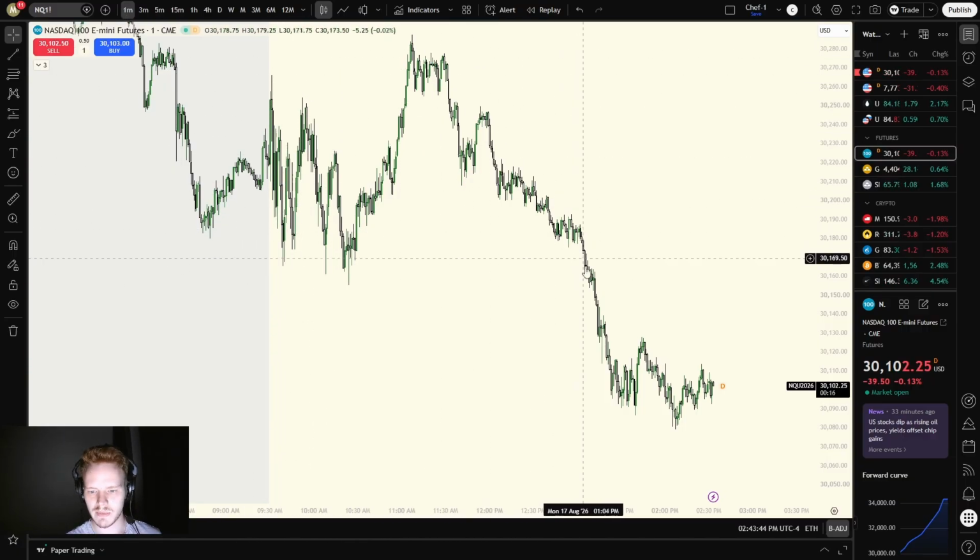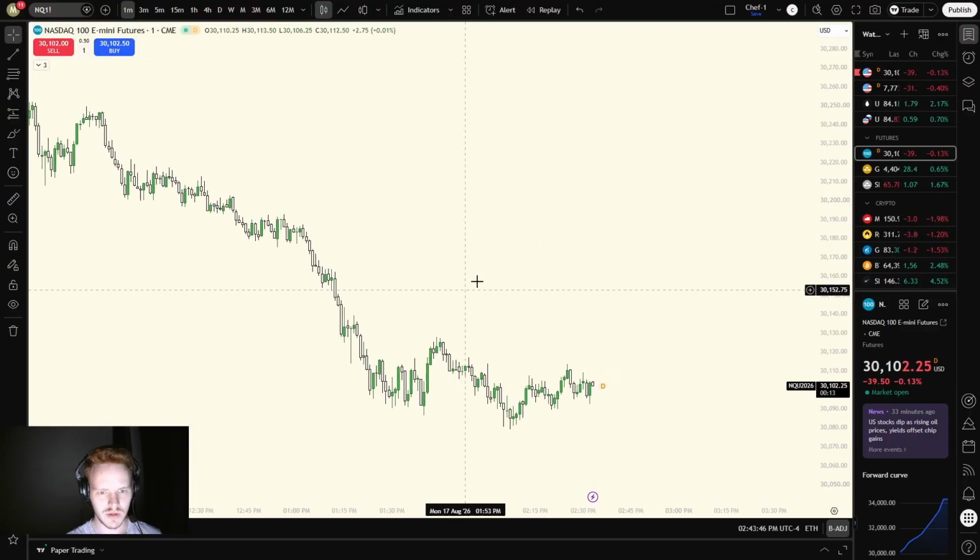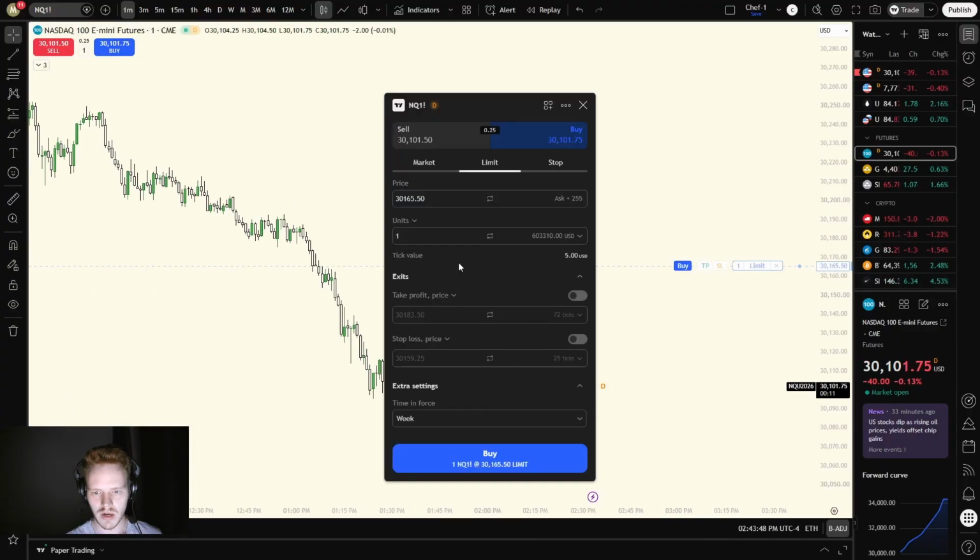It's not much different than the micro E-minis. And if we go to the market order, we see the tick value is 5 USD for one. So one E-mini NQ is worth 10 micros.